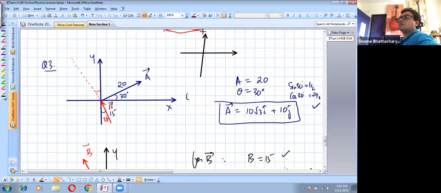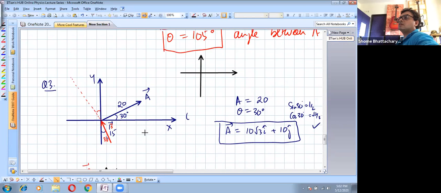This vector B is pointing like this. If a vector is in the fourth quadrant, it should have been pointing like this. If it were in the fourth quadrant, then that same vector should have been pointing like this.